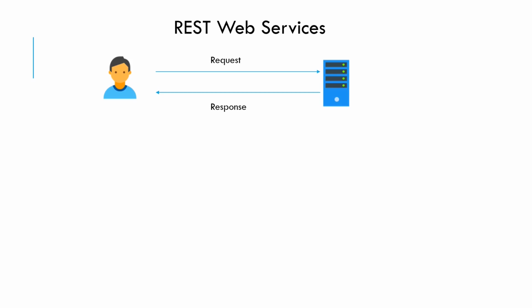Whatever request may be in some format, like some content type, maybe XML or JSON, it is sent by the client to the REST web service, and the web service will process that request and send the response back to the client. So now the question is in which format a client and server can interact with each other, because they have to talk in a common language, right?